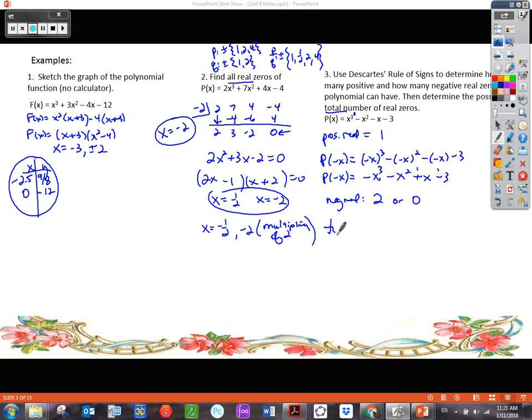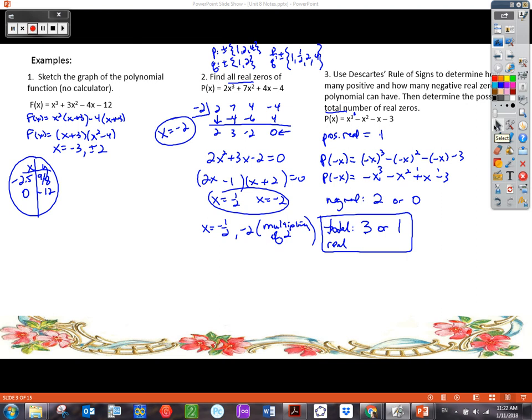I could have 1 positive and 2 negative, so I could have 3 total real roots, or I could have 1 positive and 0 negative, and those are my only 2 options. My total real is only going to be 3 or 1. Okay, hopefully that helps. If you need any help, just please feel free to ask me questions.